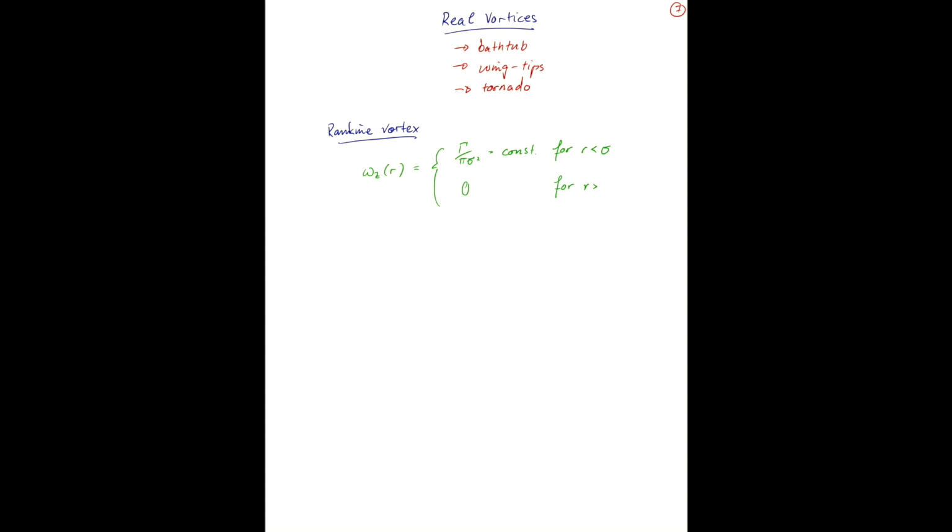The reason you would do that is because in reality you won't have infinite vorticity at the origin, as we had in the ideal vortex.